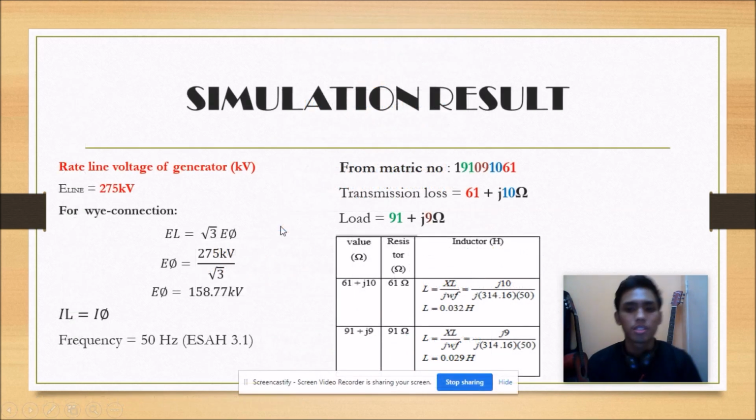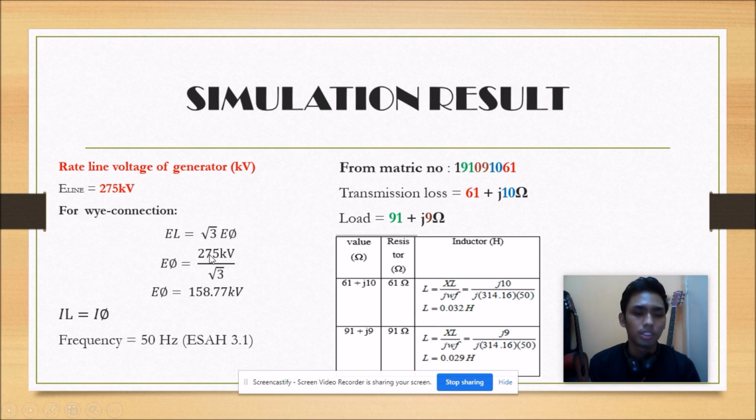For the simulation result, for the red line voltage of the generator, I got E line 275 kilovolts for my value. And for Y connections, we know that E line is equal to root 3 times E phase.